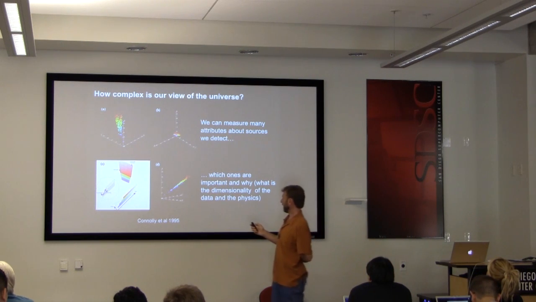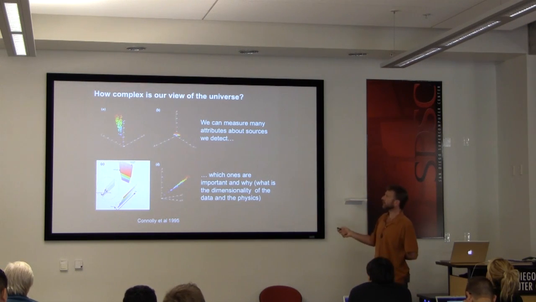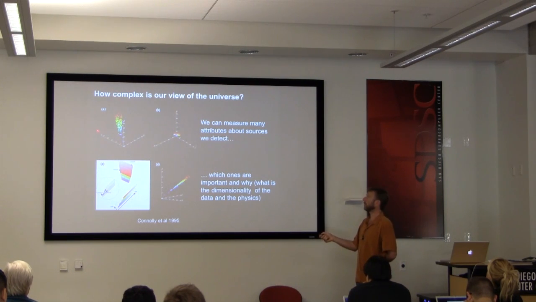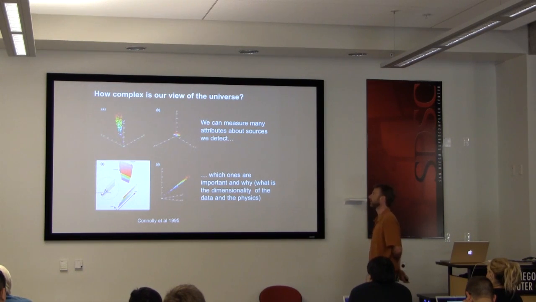Well, if we look at this figure, it actually goes back to 1995. If you look at the distribution of data in just a simple three-dimensional space, so this is photometric magnitudes for a sample of, I guess it was high redshift galaxies at the time, which means it went out to redshift of about 0.5.